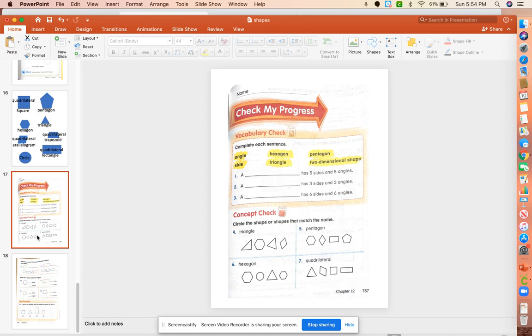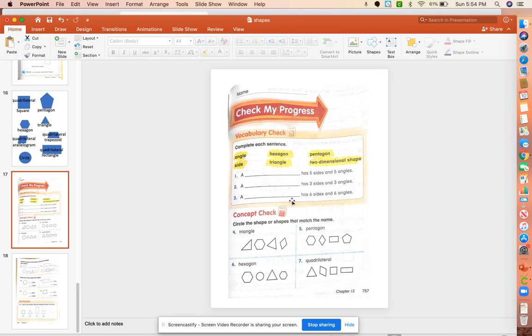Okay, 757 is where we're at. Number 1, it says complete each sentence. A blank has 5 sides and 5 angles. Let me tell you what these words are up here. Angle, hexagon, pentagon, side, triangle, two-dimensional shape.